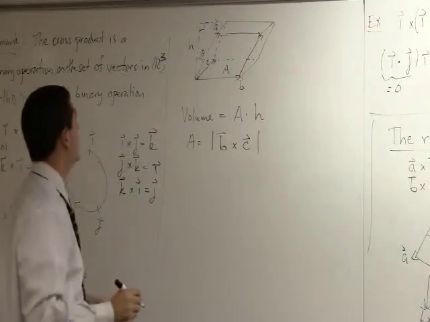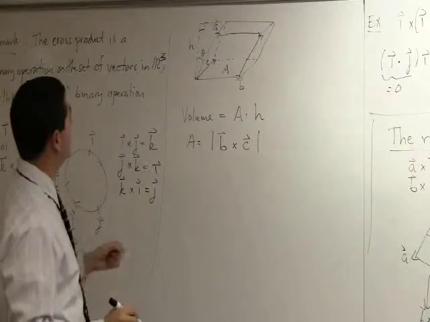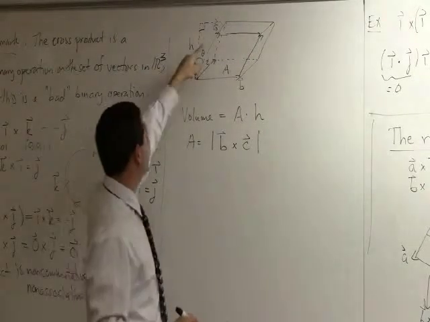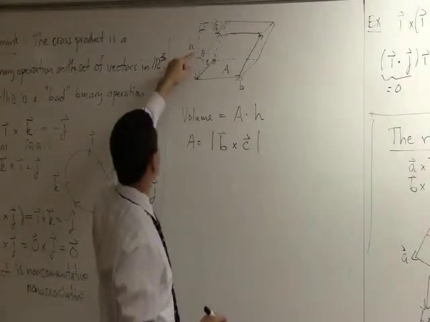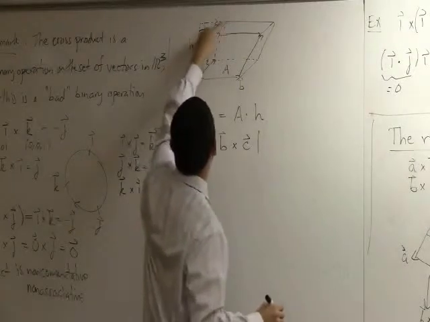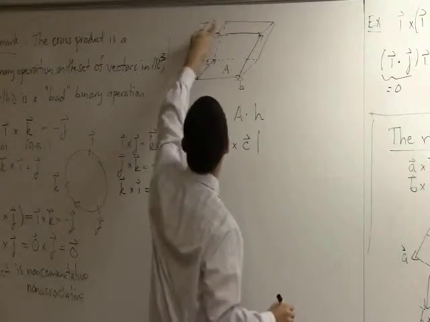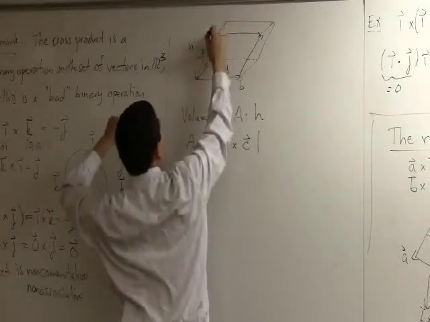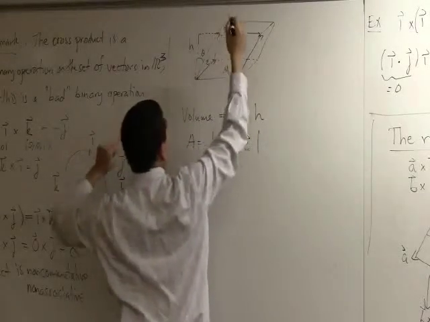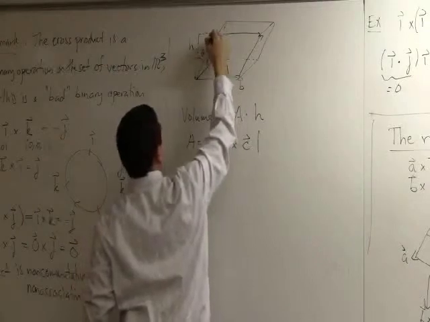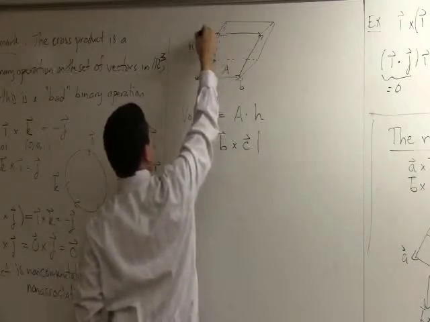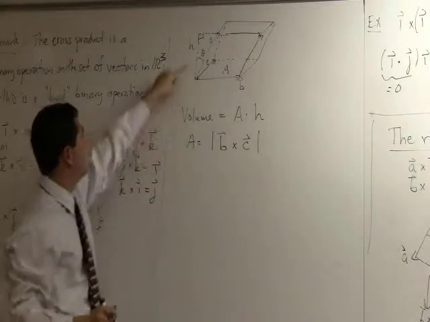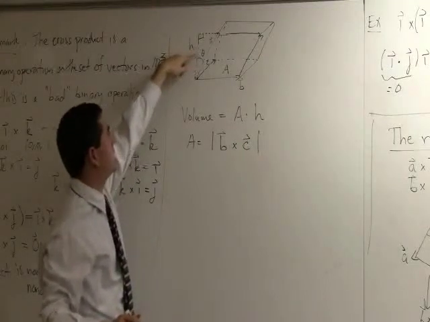Okay. Now what about the height? Well, the height I should be able to get just... oh, this is going up too high. That's the height right there, right? There we go. This is still vector A. That's the height. Okay. This we should be able to just get using trigonometry.